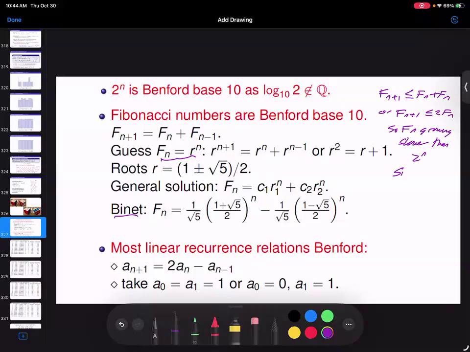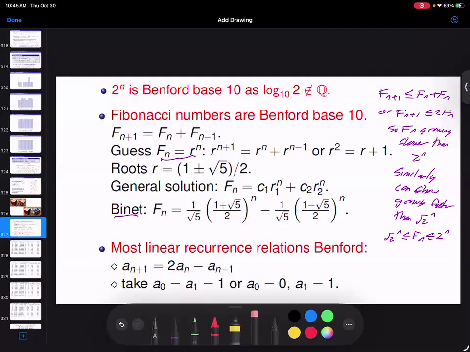Similarly, we can show it grows faster than the square root of 2 to the n. So we know root 2 to the n is less than or equal to Fn, which is less than or equal to 2 to the n. It's not unreasonable to guess from this that maybe it's growing at the rate of r to the n. At the end of the day, if I prove something, it doesn't matter how I got there.